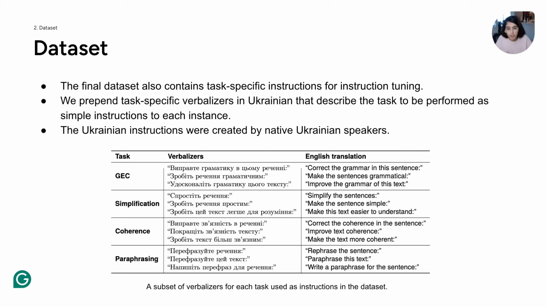These instructions were curated by native Ukrainian speakers, and we use many verbalizers for each task just to increase the model's robustness. Here is an example of a few instructions being used. In the second column, we've put the English translations next to it, but they are only for reference. The actual instructions that the model takes are in Ukrainian.